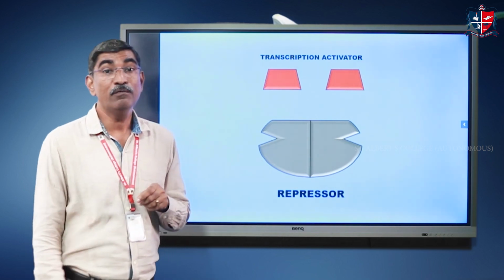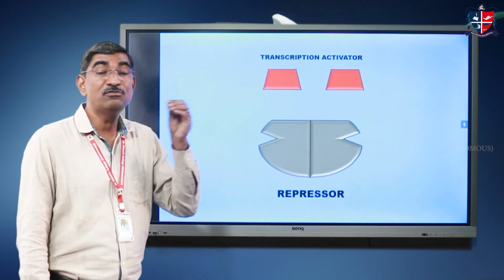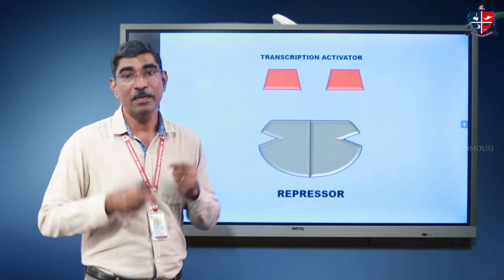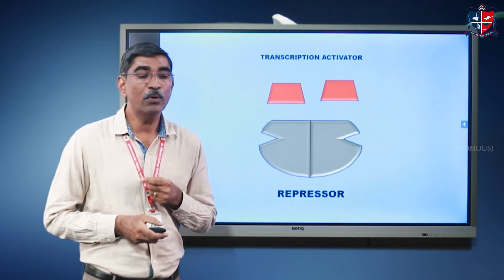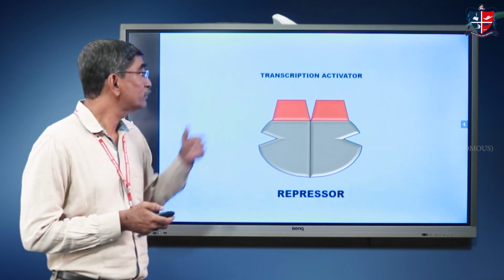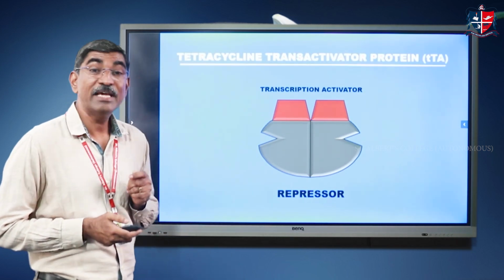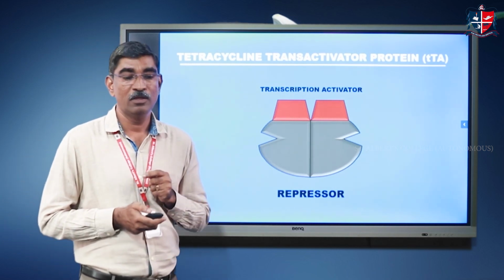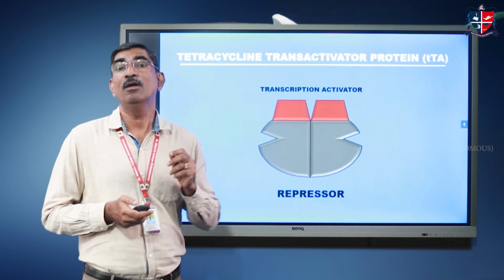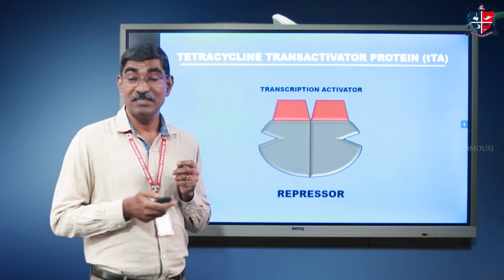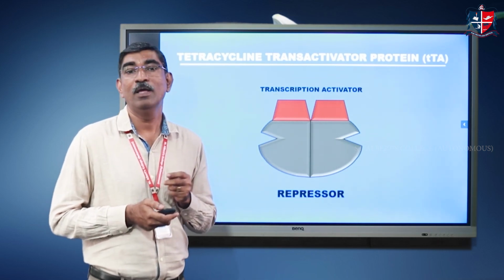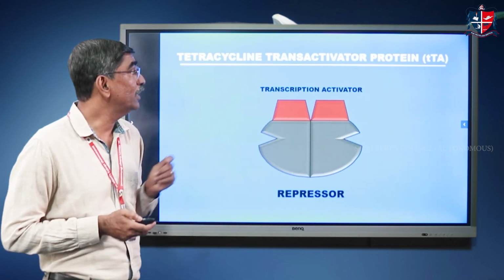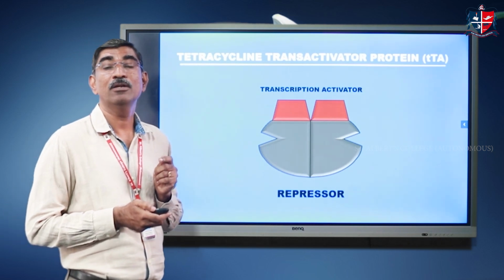Then they fused a transcription activator protein with this repressor to produce a tetracycline transactivator protein. And the entire mechanism of this tetracycline expression system is based on this fusion product, that is the tetracycline transactivator protein.